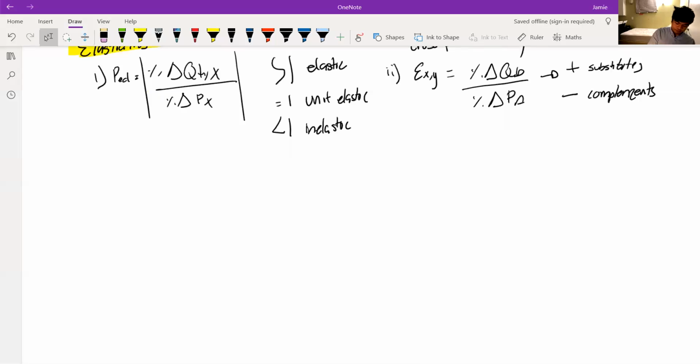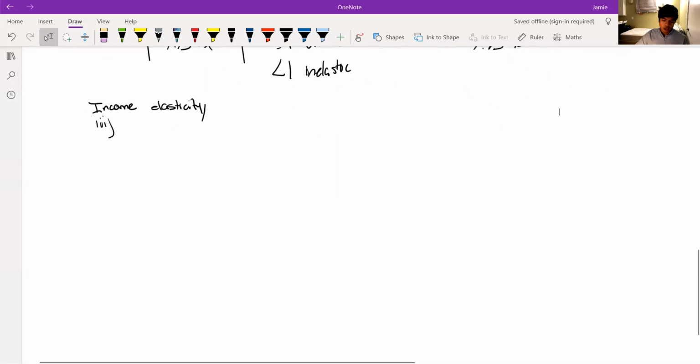3. Income elasticity. So that is pretty much if your income increases or decreases, do you buy more of a good? So we're going to use I to the X as a notation.